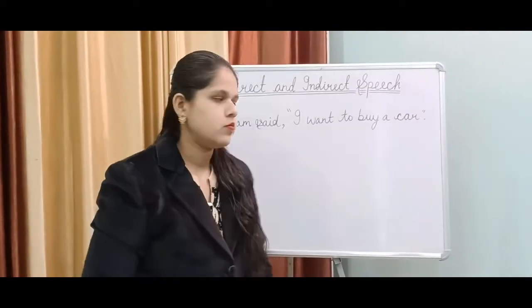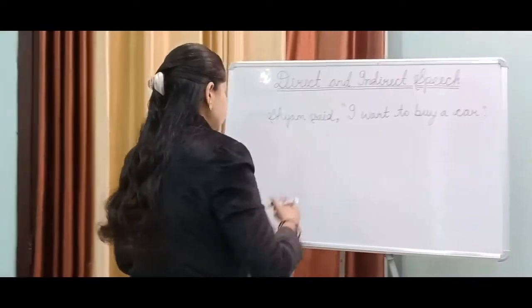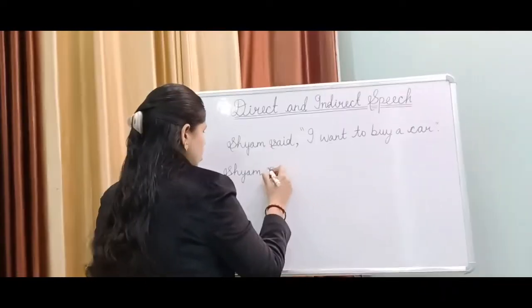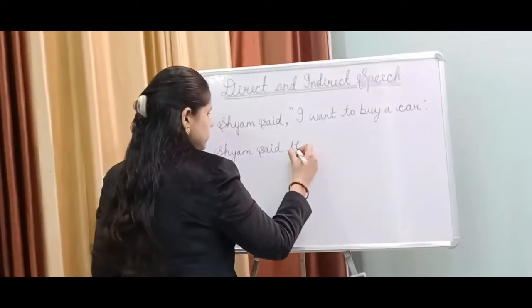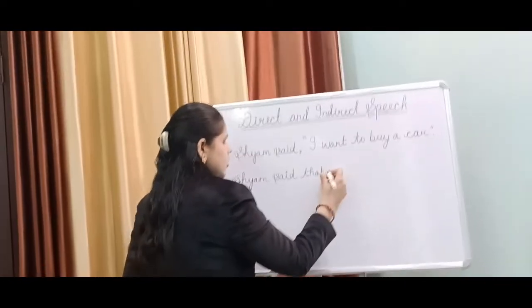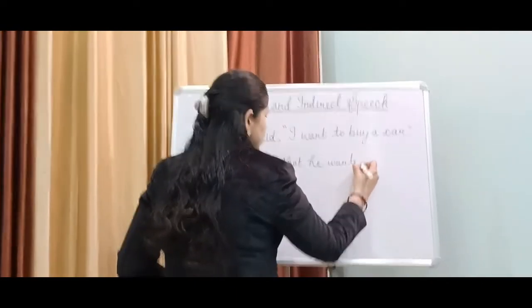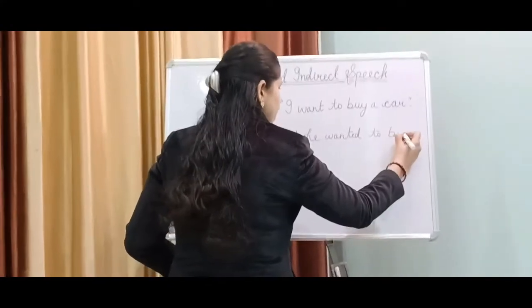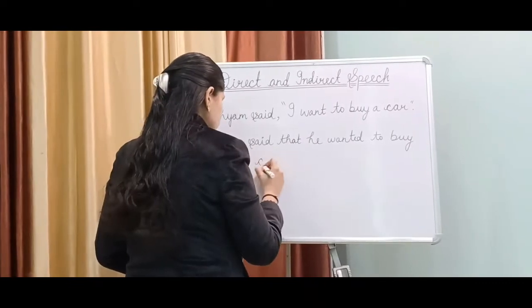Now, if I talk about indirect speech, when we want to report to another person something said by someone else, then indirect speech is used, like Shyam said that he wanted to buy a car.